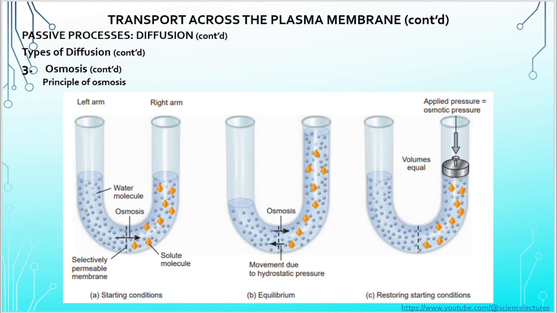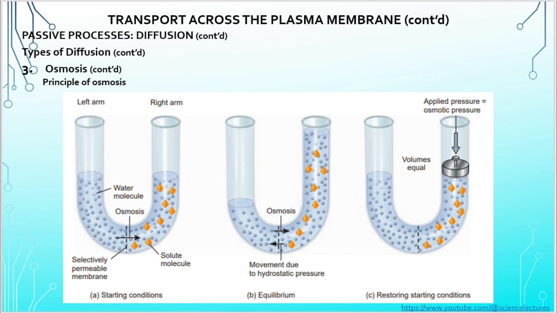So you might think that osmosis would continue until no water remained on the left side, but this is not what happens. In this experiment, the higher the volume of solution in the right arm becomes, the more pressure it exerts on each side of the membrane.